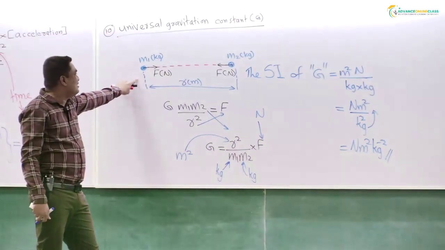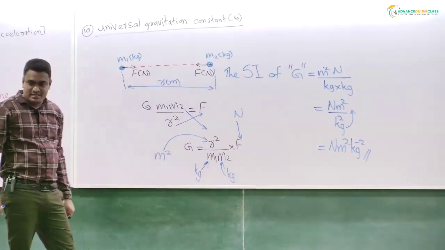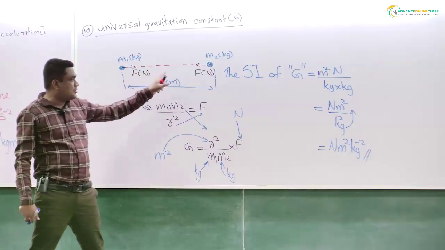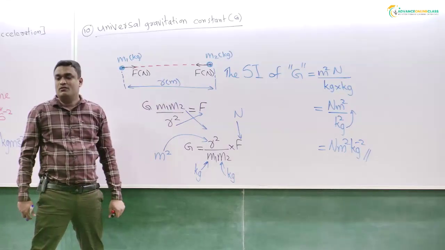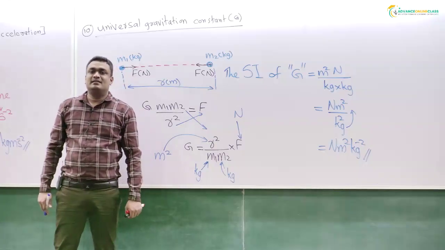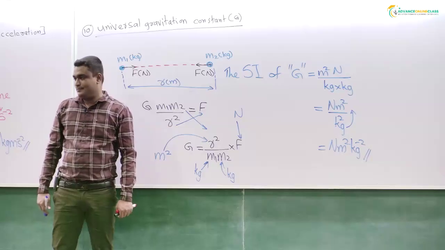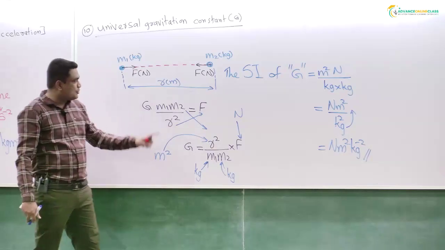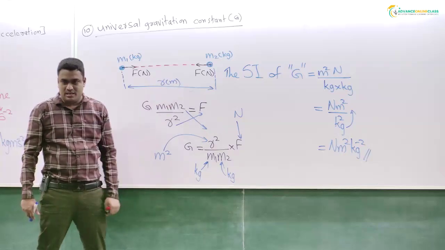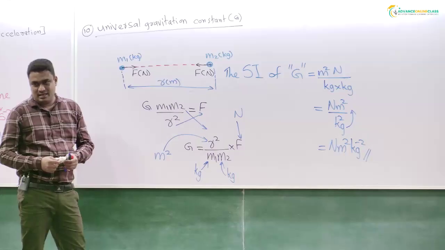What is this, dear? When there are two masses in the universe, they are attracted by a force. That force is known as gravitation force or gravity. The gravitational attraction force between any two masses is given by this equation.